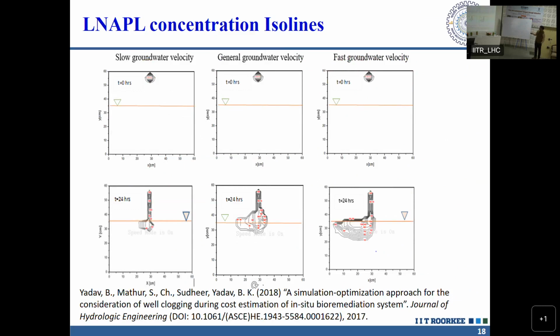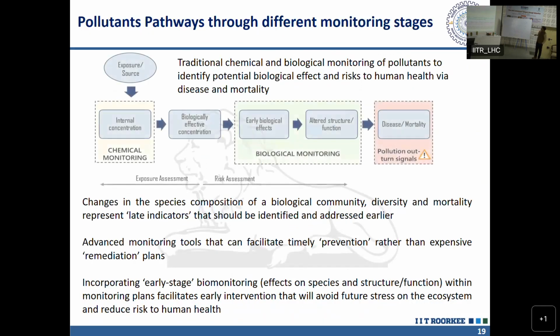You can see the movement in the vadose zone. And after reaching the groundwater table, they started spreading predominantly in the direction of the groundwater flow. So this is under the lower groundwater velocity, this is moderate, and this is the faster.